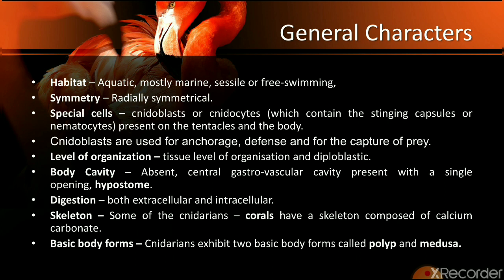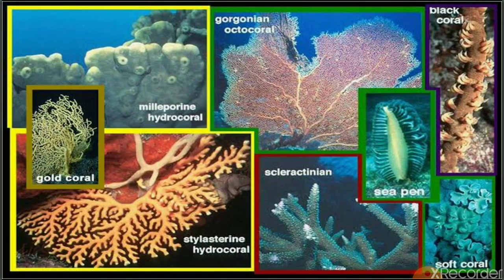This shows alternation of generation, in which a sexually reproducing stage alternates with the asexually reproducing stage. It is a specific characteristic feature of Phylum Cnidaria. Here you can see some examples of Phylum Cnidaria.